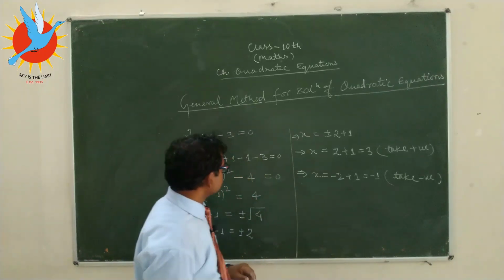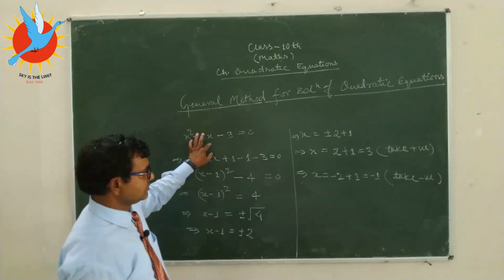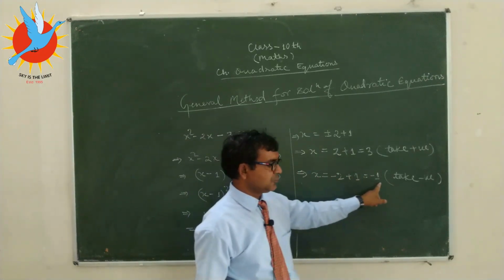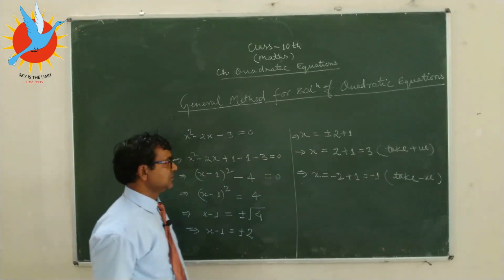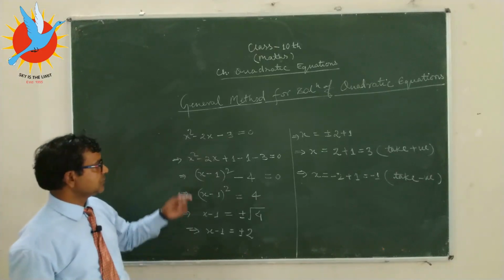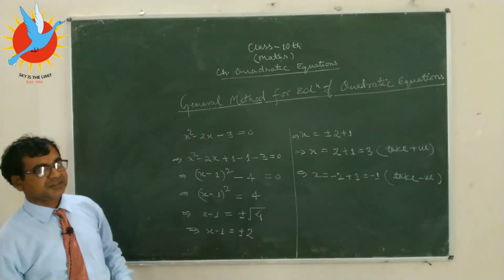So the solution or the roots of this quadratic equation are x equal to 3 and x equal to minus 1. This is the method for solving a quadratic equation by making a complete square.